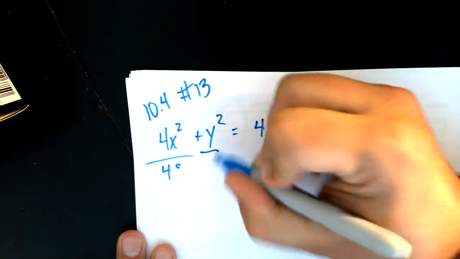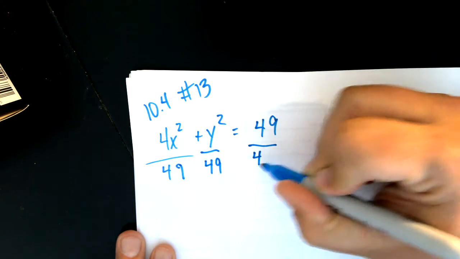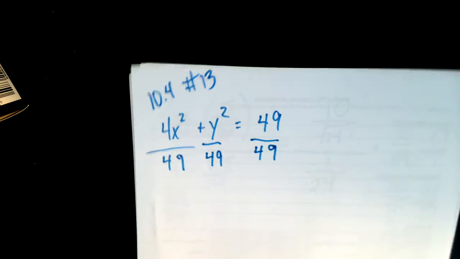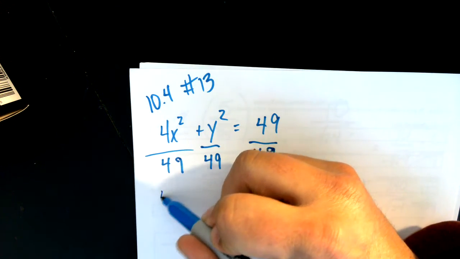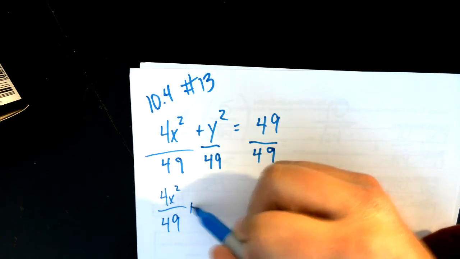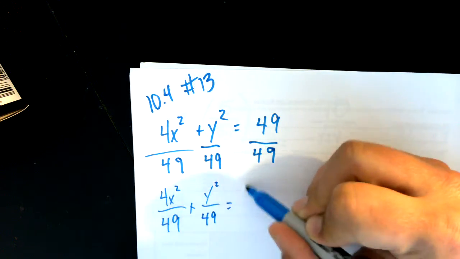Now, what I'm going to do is divide everything by 49. Got a little ahead of myself there. What that's going to do is give us a more standard equation of an ellipse. So you get 4x squared over 49 plus y squared over 49 equals 1.